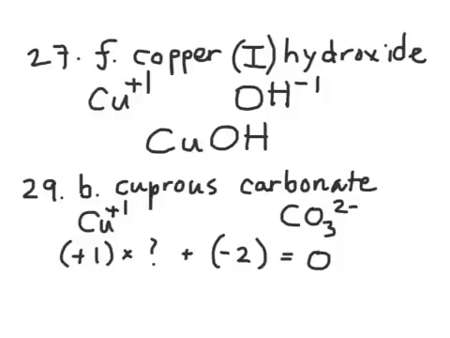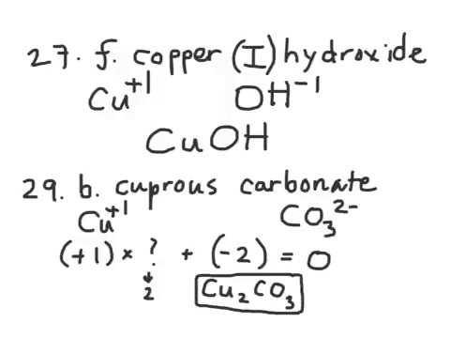Well, if I do plus 1 times 2, then I have positive 2 plus negative 2 equaling 0. So that tells me I have to have 2 coppers to balance out the charges on my carbonate. And so that's your final answer.